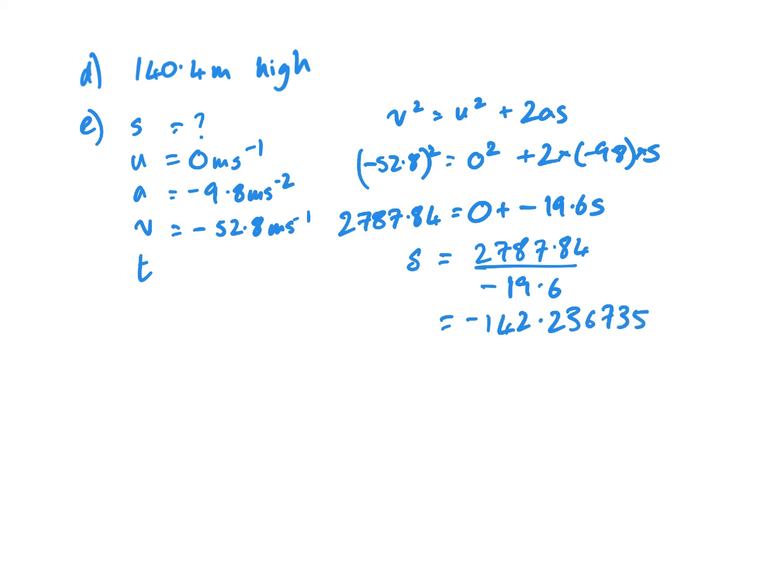Okay, I'll write out all my digits. And then I'm just going to round that to 3 significant figures. So displacement is minus 142 metres, i.e. the highest point is 142.2 metres.